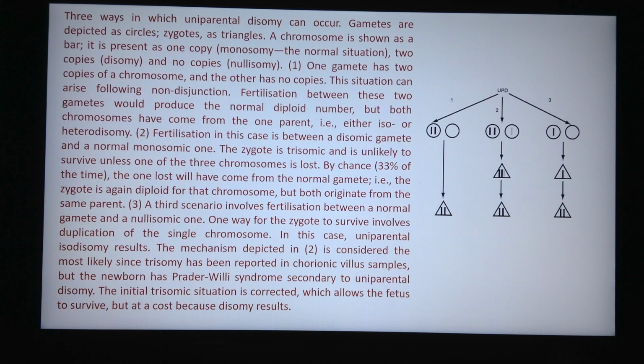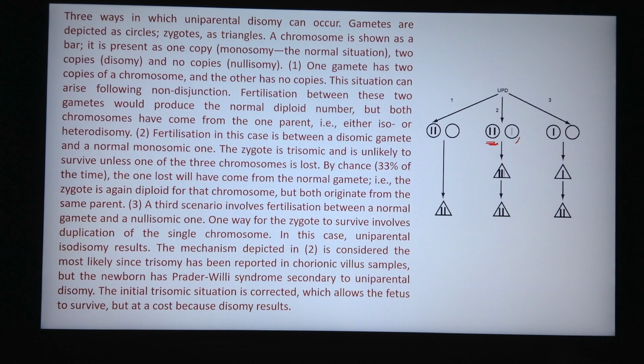So this is a gamete, and this is a nullisomic gamete. This results in uniparental disomy, because in the zygote both the copies are coming from one parent. In this case, these are the normal gametes, but here there are double copies of the particular chromosome.